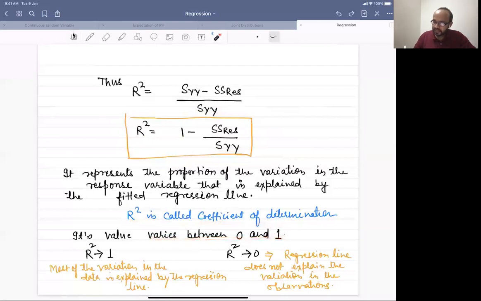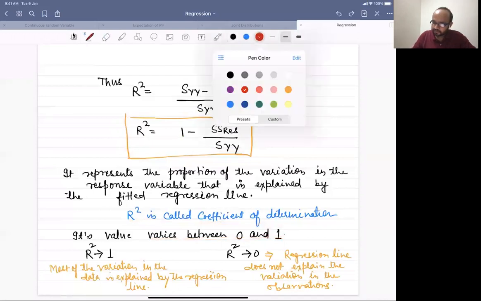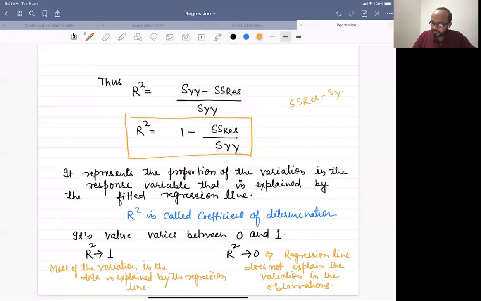Its value varies from 0 to 1, as you can see. So if my sum of squares of residuals is equal to SYY, then R square will be essentially 0.